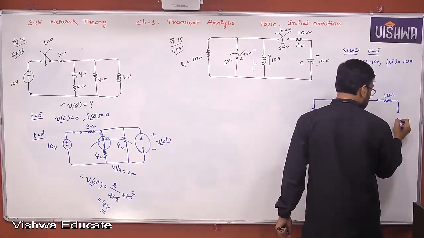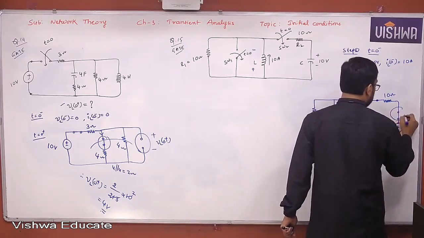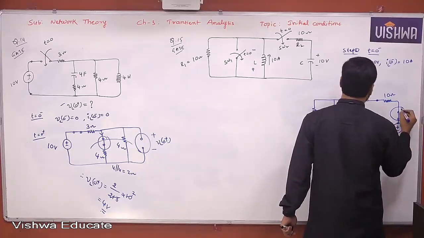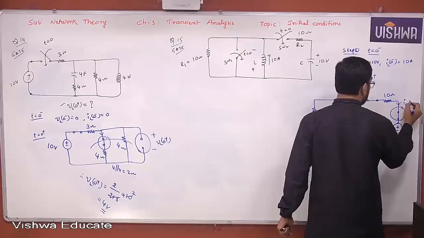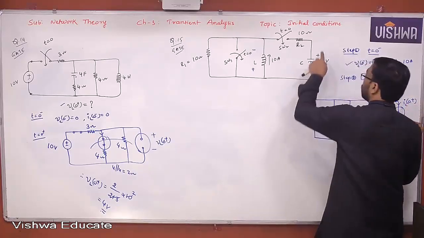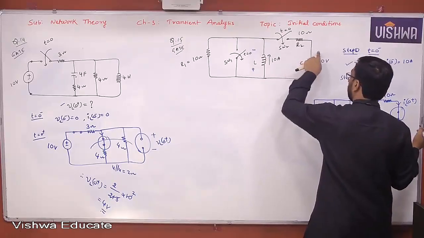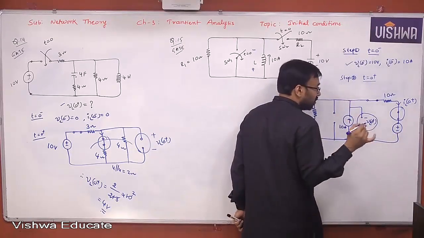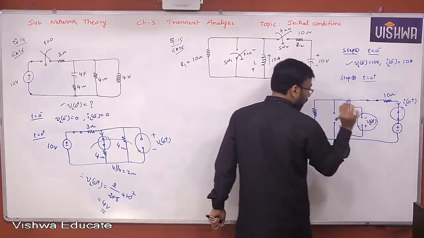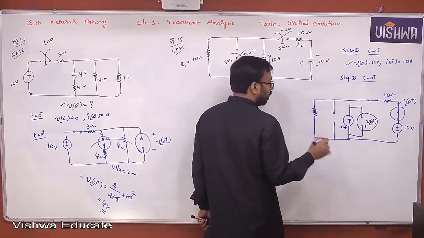Capacitor is something like this. What is the current flowing through the capacitor here? IC. How do you know the direction of the capacitor current? Based on the polarities given, the current direction is placed, because both are passive elements. According to passive convention, I have placed the direction as well as the polarities like this. What is the value here? 10 volt. Clear, all of you?